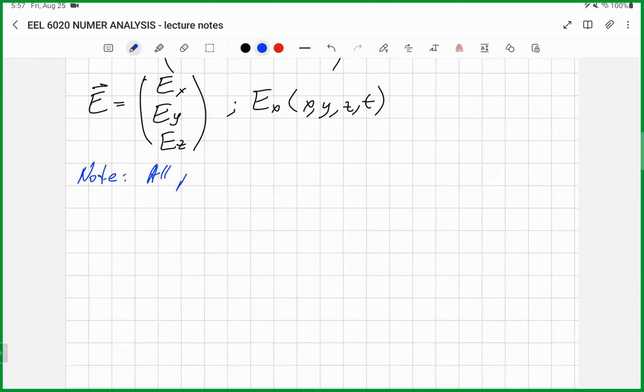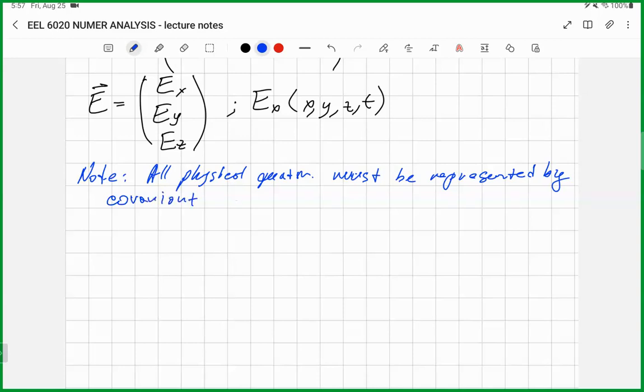All physical quantities must be represented by covariant objects. So what does this word covariant mean?